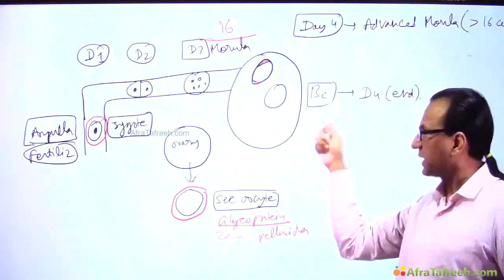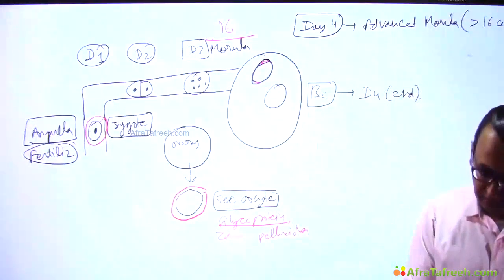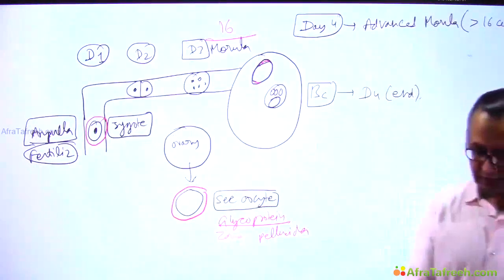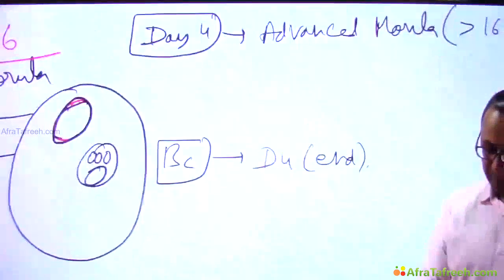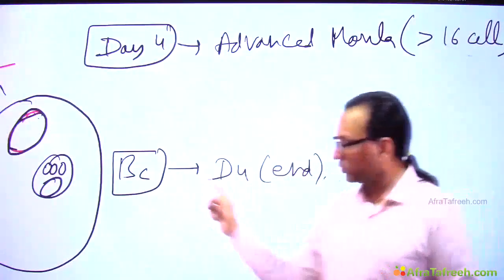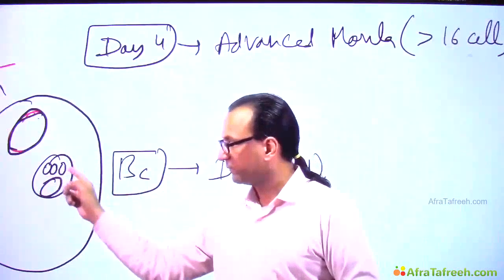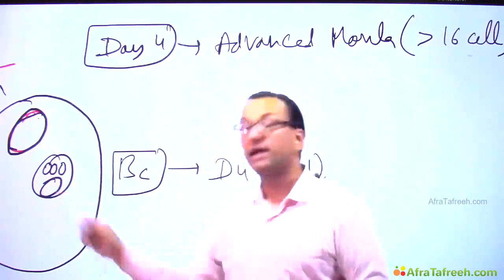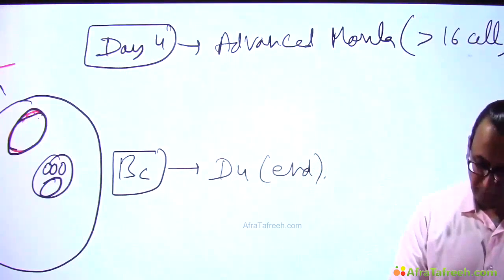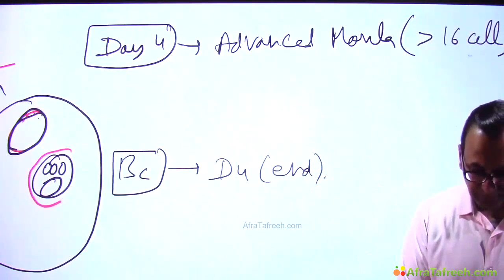The blastocyst has some blast cells and a cyst-like cavity, still covered by zona pellucida, preventing implantation.